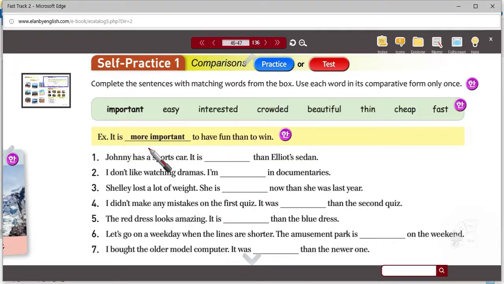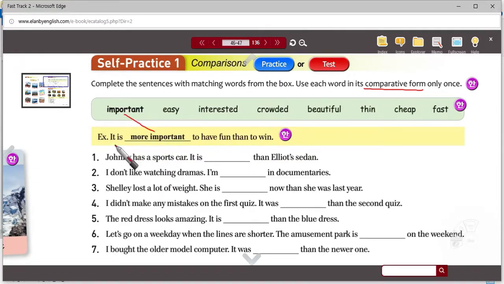When you complete the sentences, when you fill in the blanks, you're going to have to match the appropriate adjective with the sentence, and then you're going to have to use the comparative form. Now you have 8 words, and apparently there are 8 sentences, including this first one that's used here.